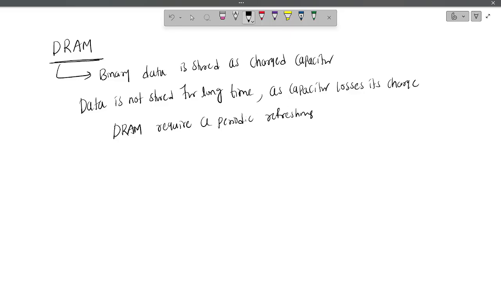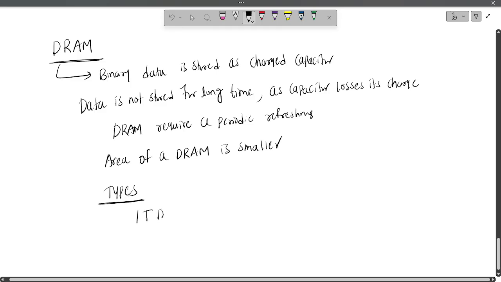The area of DRAM is smaller, because you need only one pass transistor and one capacitor. Types: you have 1T DRAM and next you have 3T DRAM.